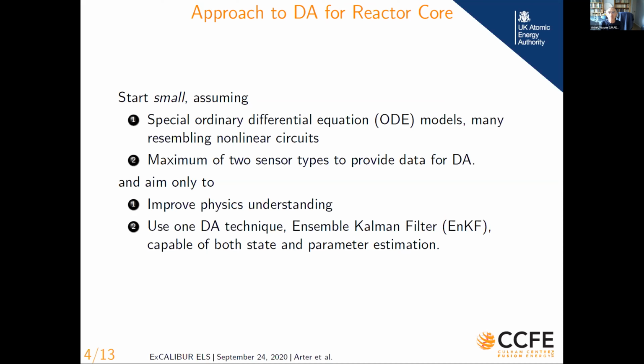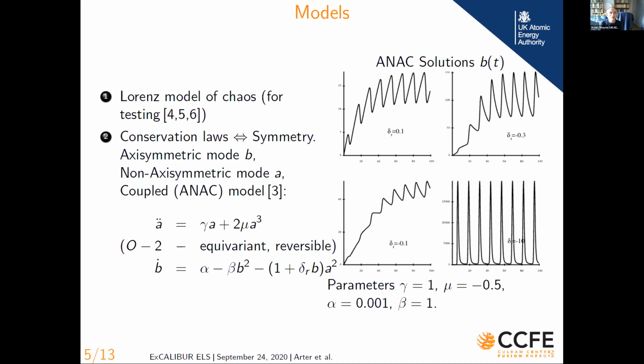Next slide, please. So the simplest models are low-order ordinary differential equations. The Lorenz system, 63 system that is, at parameters where there is a strange attractor is the standard test in this kind of work, as already demonstrated by other talks. Probably more relevant to the tokamak problem is the ANAC model I've shown here, capable of generating a range of time series representing soft X-rays and light emission, as shown at right.